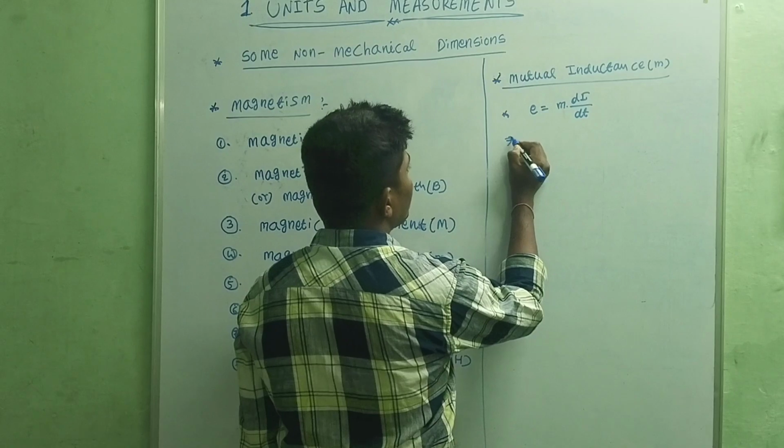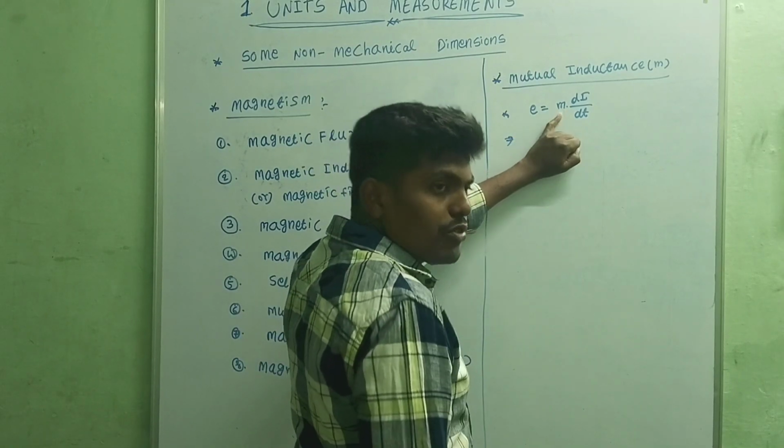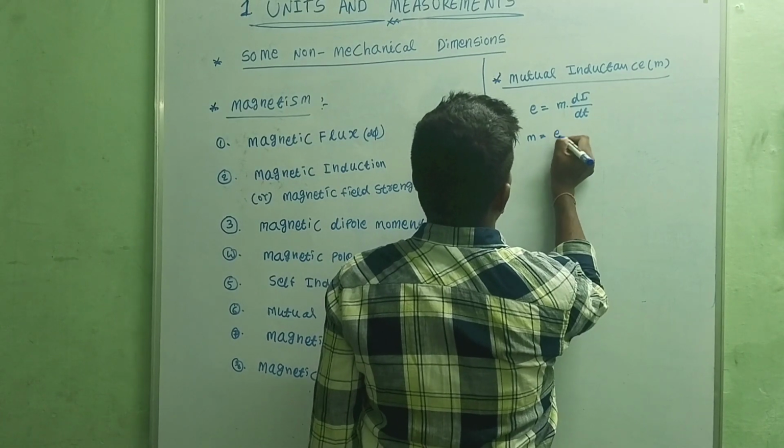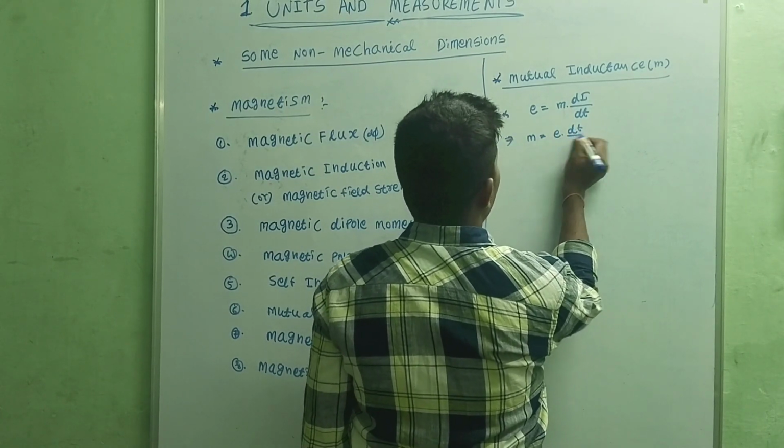Here we want to write the dimensions of mutual inductance. So M equal to E dt by di.